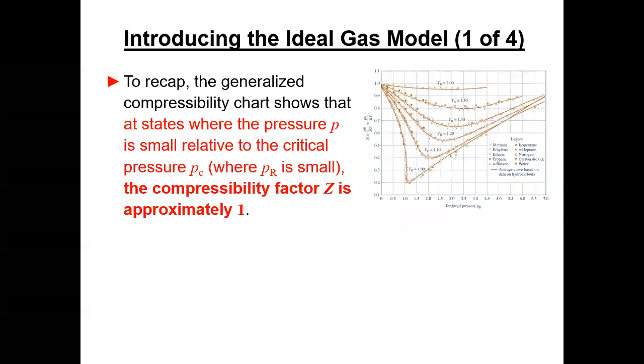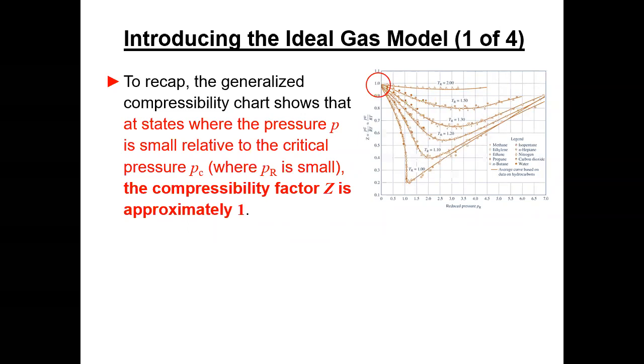To recap, the generalized compressibility chart shows that at states where the pressure is relatively small compared to the critical pressure PC, where PR is small, the compressibility factor Z is approximately 1. If the pressure is low enough, you're going to be about 1.